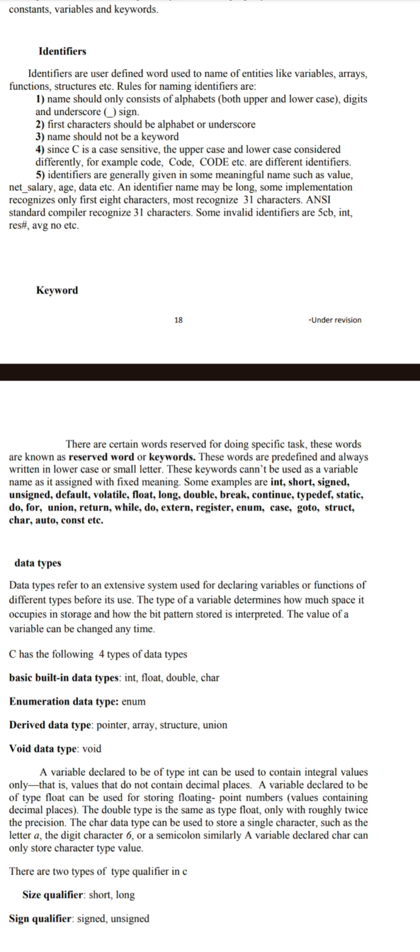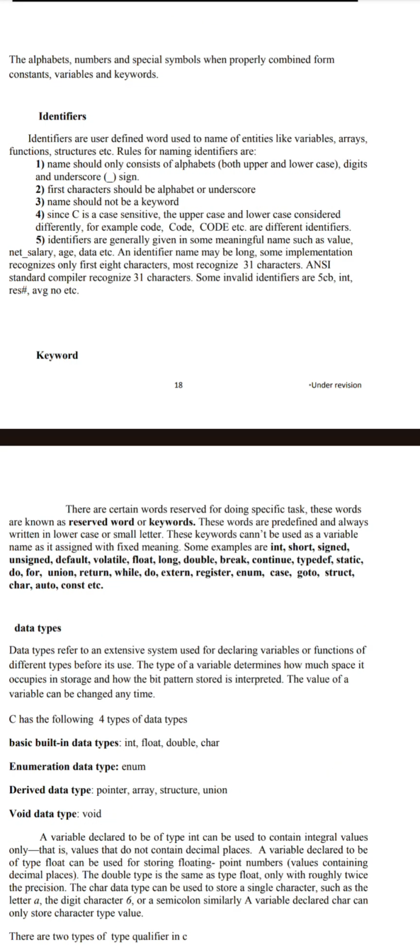Special characters are not allowed to name an identifier. The next one is first character should be alphabet or underscore. Next one, name should not be a keyword. Keywords are nothing but reserved words by the compiler. Every keyword has its own meaning. We should not use keywords as identifier names.